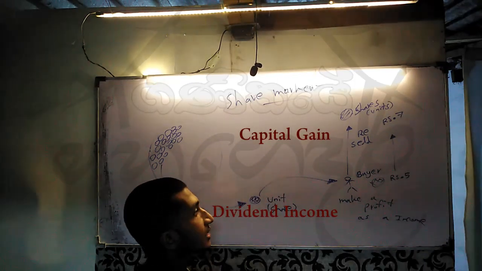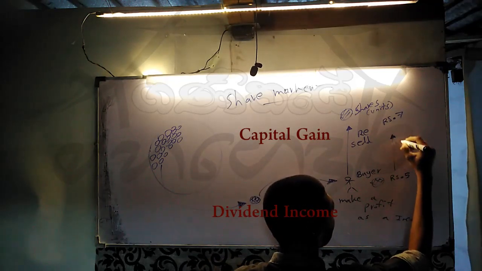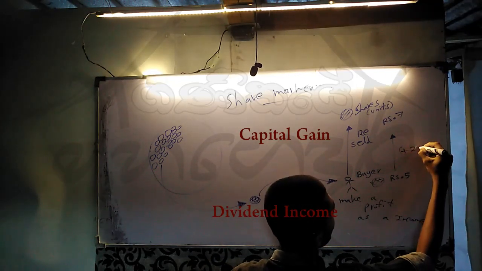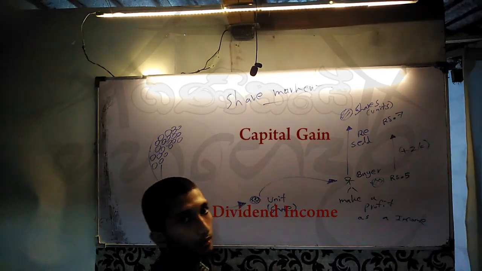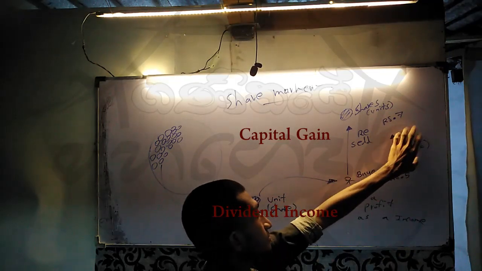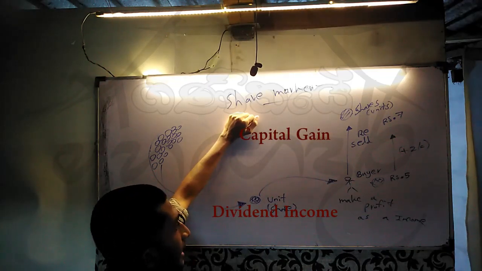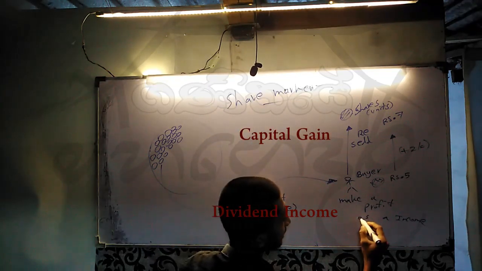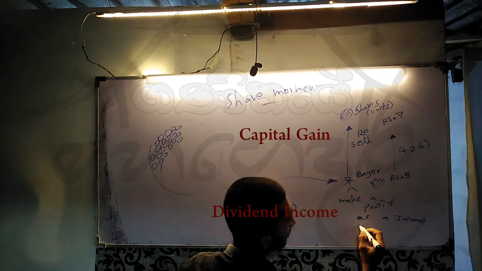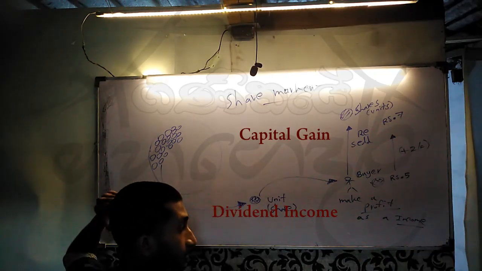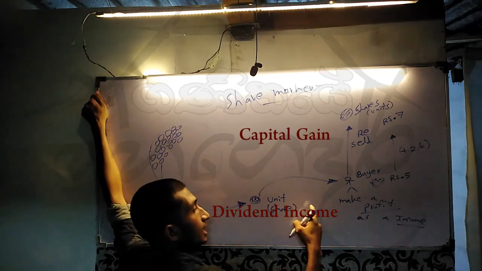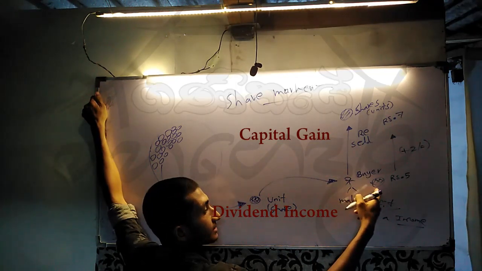Now, how much profit can be earned by using this spread? Positive 2 rupees can be earned by using this spread. And again, it has another form of income method also. Profit income can be earned by using these shares.